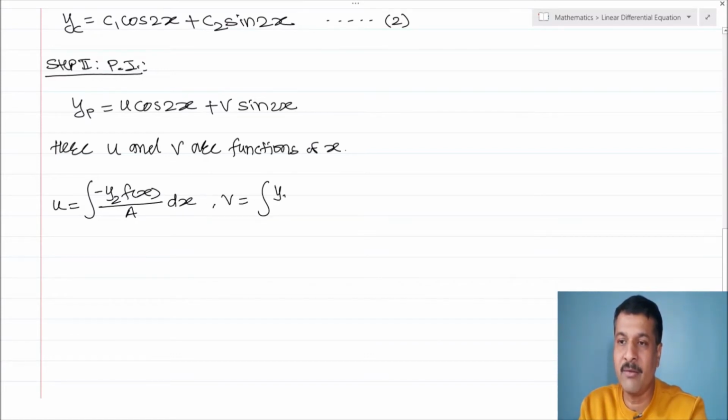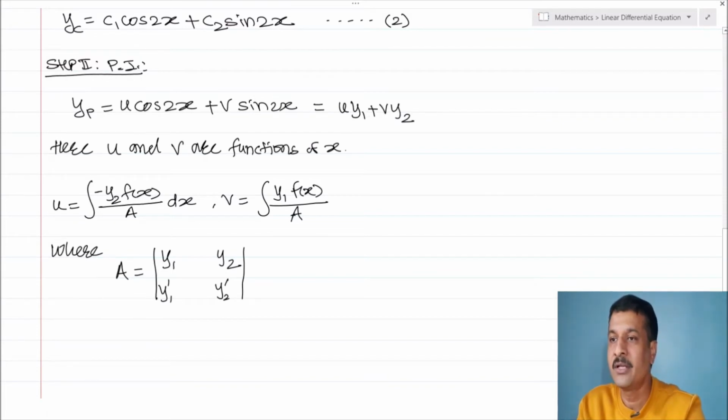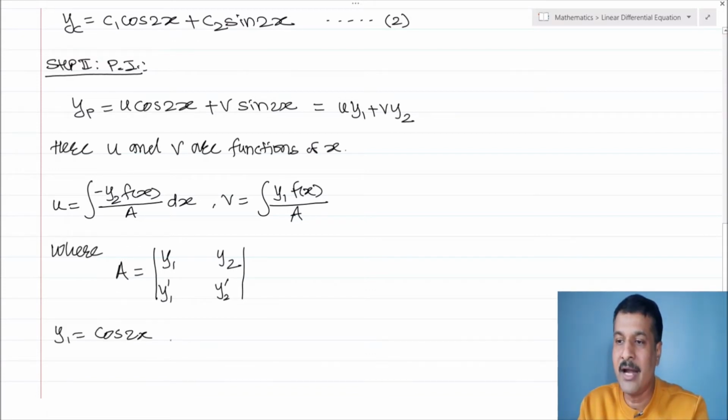Integration of y1 into f of x upon A, where A is the Wronskian, meaning it is the determinant of y1 y2, y1 dash y2 dash. So what is y1 y2? Note that here it is nothing but u y1 plus v y2, and therefore if we compare, definitely here y1 equal to cos 2x and y2 equal to sin 2x.